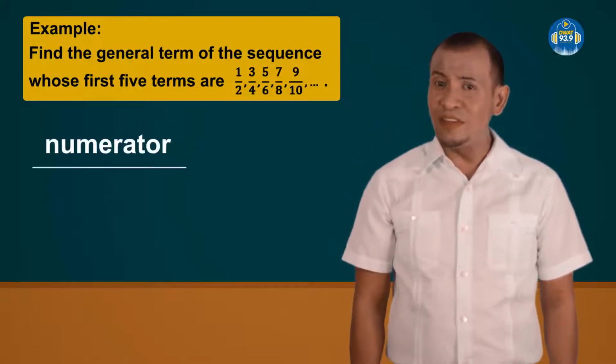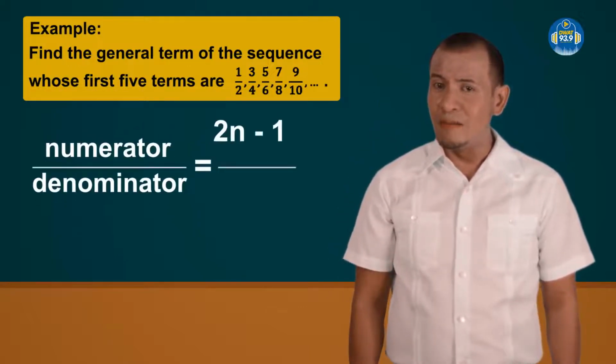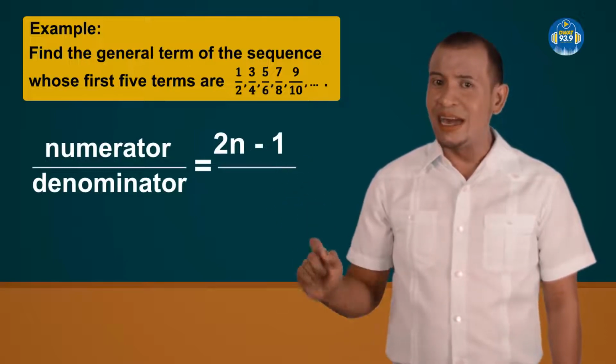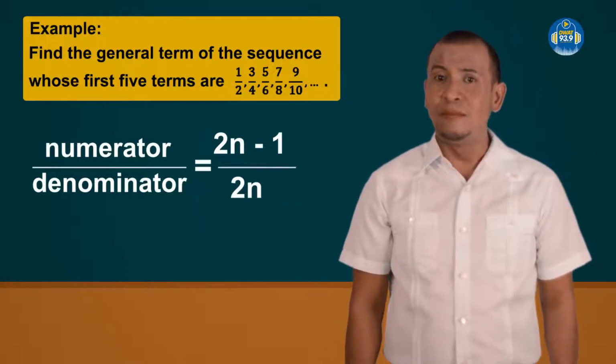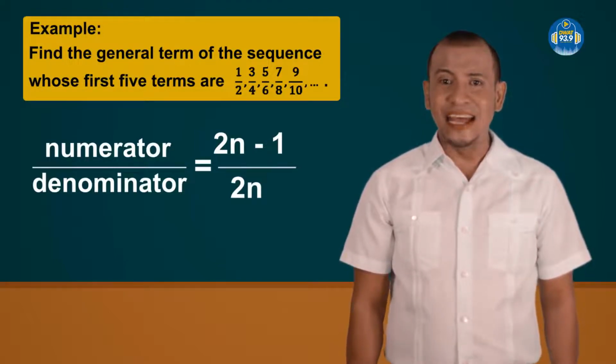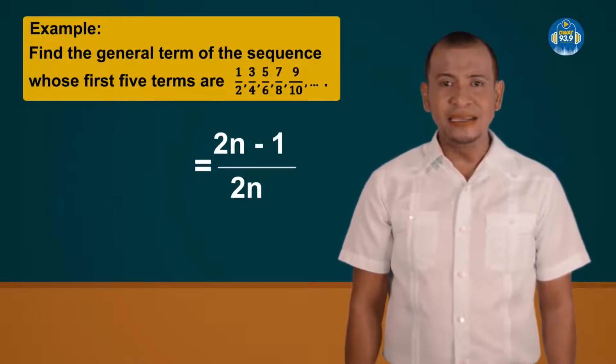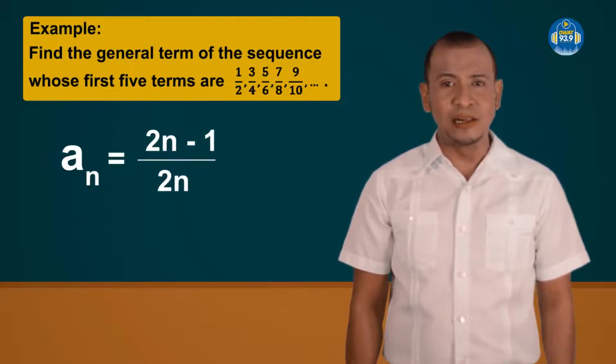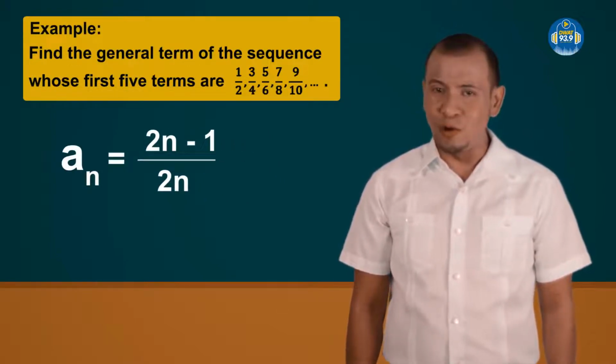So, if the numerator is denoted by 2n minus 1 and the denominator by 2n, then a sequence that has these numbers for its first 5 terms is given by a sub n equals 2n minus 1 all over 2n.